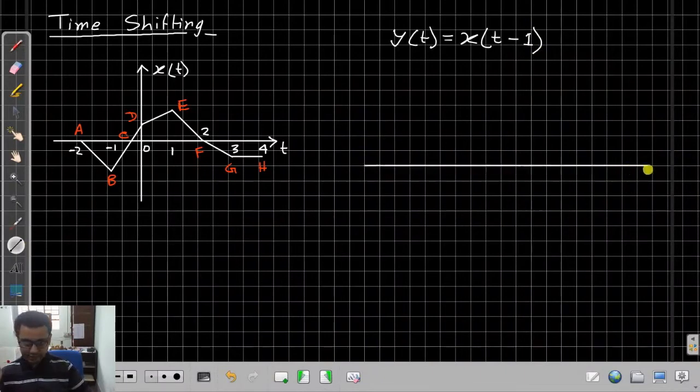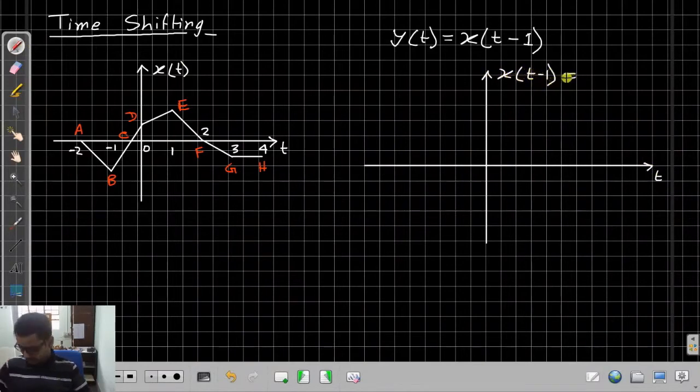Let us find that. On the time axis, we are now going to find x(t minus 1), which is the same as y(t). y(t) is the same as x(t minus 1).